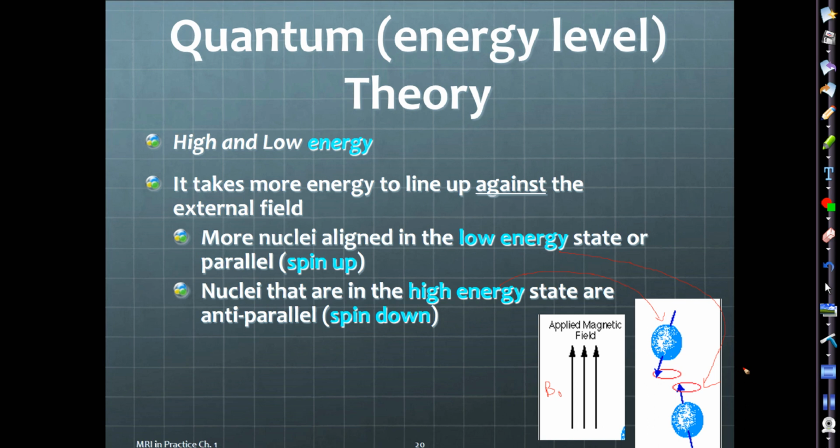Don't be confused by these little circles and how it looks kind of oblique, because we'll talk about that in a second. That's called precession. If you just want to draw a straight up little arrow and a straight down little arrow, that's totally fine with what we have covered thus far.